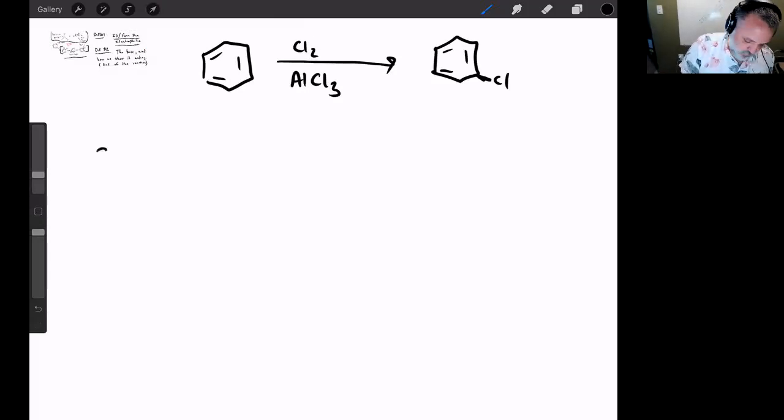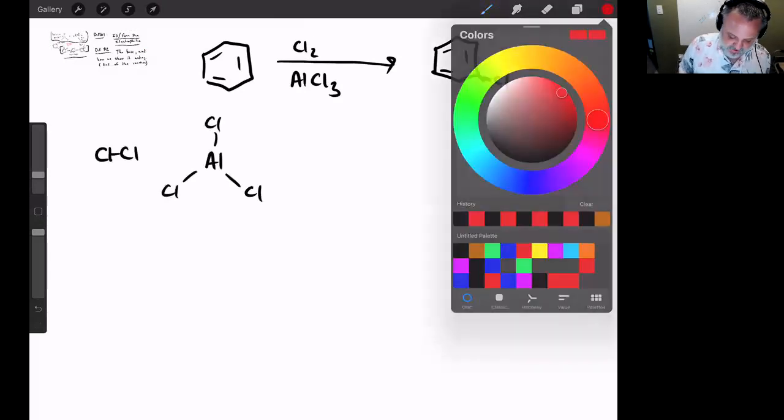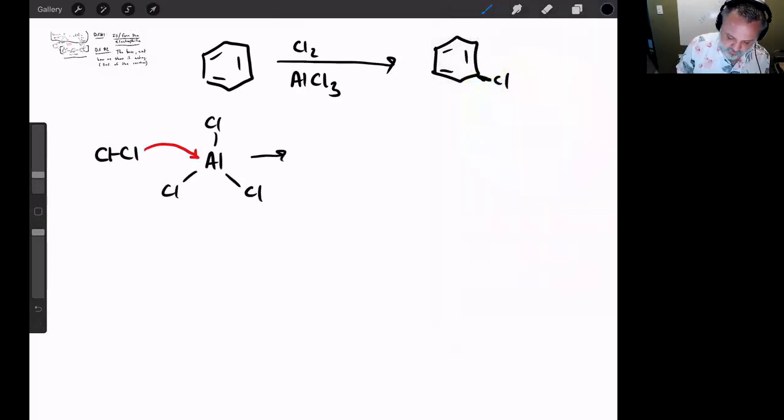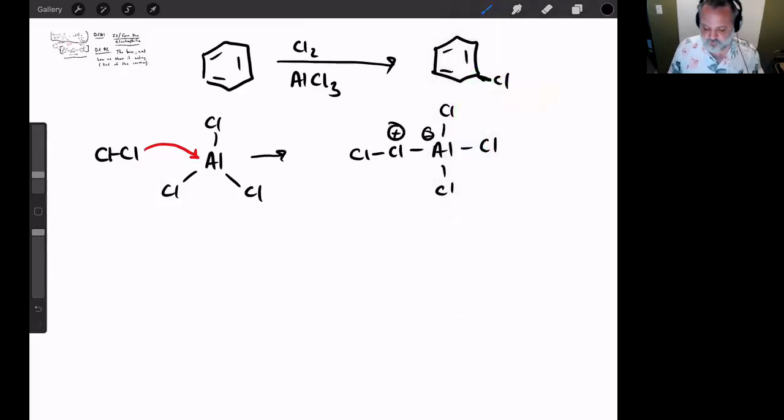In fact, the way that we make the electrophile is exactly the same, but instead of bromine reacting with iron, we're reacting chlorine with aluminum. Everything else about it is exactly the same. This is the electrophile.